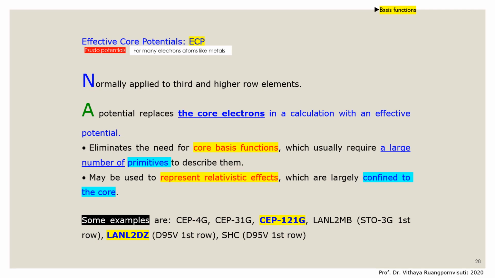A potential replaces the core electrons in a calculation with an effective potential. This eliminates the need for core basis functions, which usually require a large number of primitives to describe them, and may be used to represent relativistic effects, which are largely confined to the core.